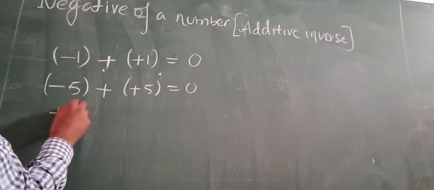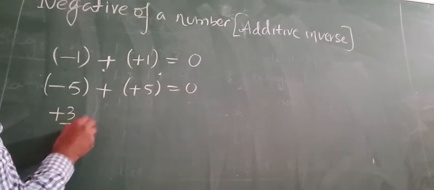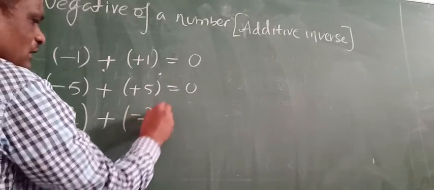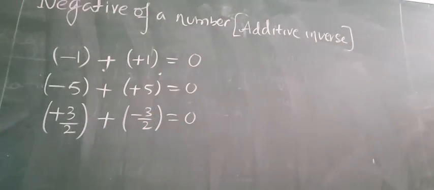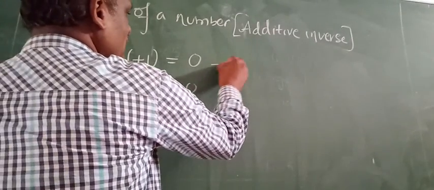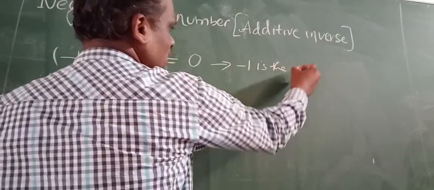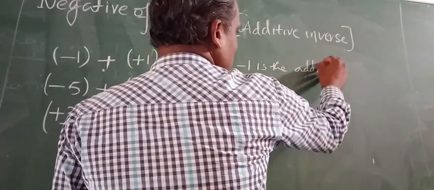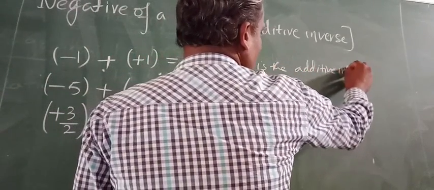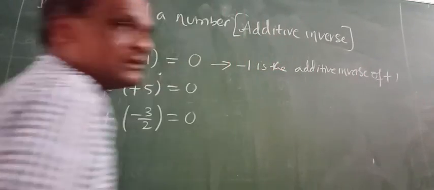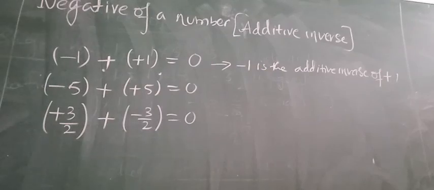Or +3 by 2, add this one to -3 by 2, you will get the answer as 0. So here we can call -1 the additive inverse of +1.